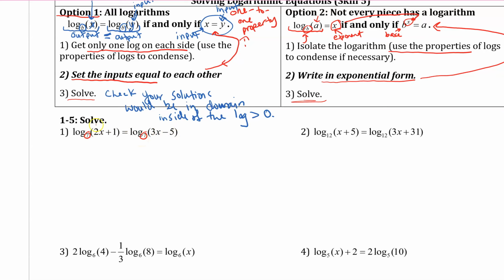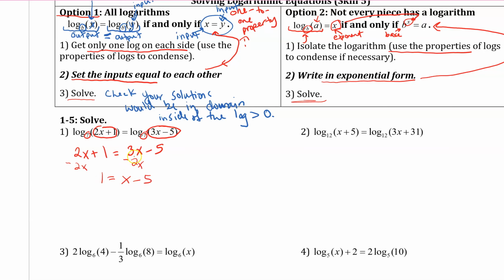The only way two outputs could be the same is if these inputs are equal. That's the only way that could happen because a log is a one-to-one function. So I will basically drop the log part and just focus on the inputs. They have to be equal in order for the outputs to be equal. And so this is just a linear equation that I will go ahead and solve for x.